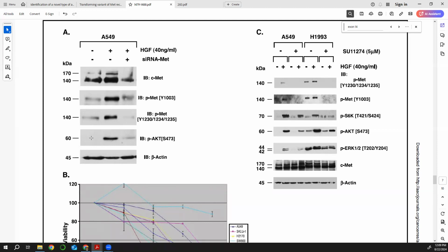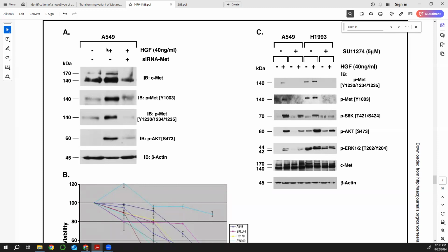There's no p-AKT phosphorylation, so the AKT mTOR signaling pathway is not active, and this MET is probably not active either. This is probably some non-specific labeling of unphosphorylated MET. And here they actually use actin as the housekeeping gene for the loading control.